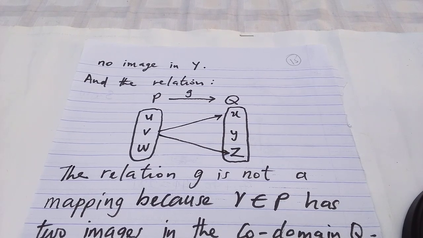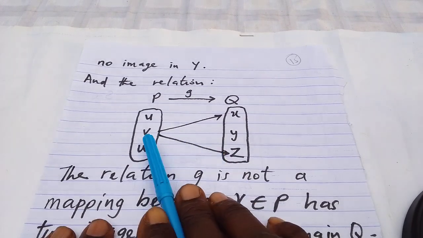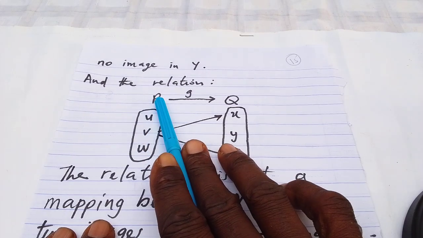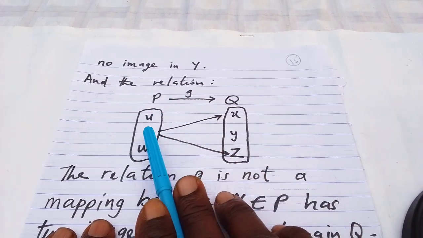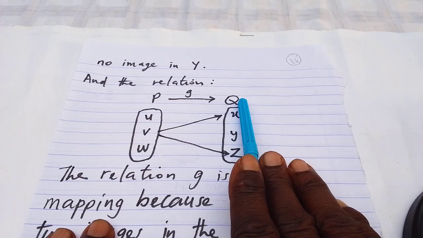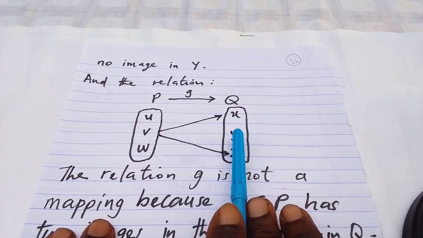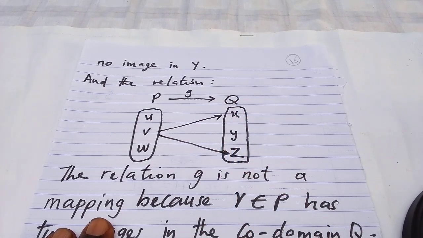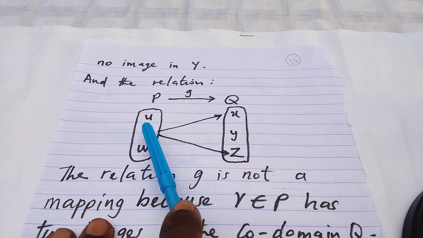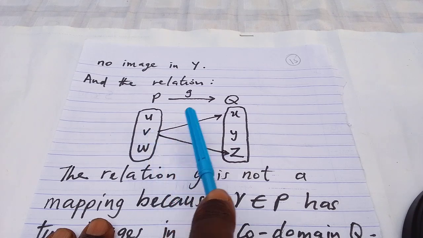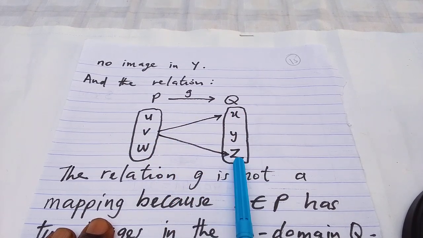Also, if you consider this relation, you realize that in set P you have U, V, W, and in set Q you have X, Y, Z. Now in these two sets, you observe that V here has two images, X and Y. This is not right.